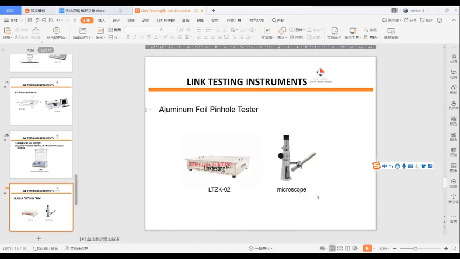Okay, this is the aluminum foil pinhole tester. It's usually used for lamination factories and some aluminum foil factories to confirm whether there are pinholes on the packaging or aluminum foils. But for food factories, it's very few.